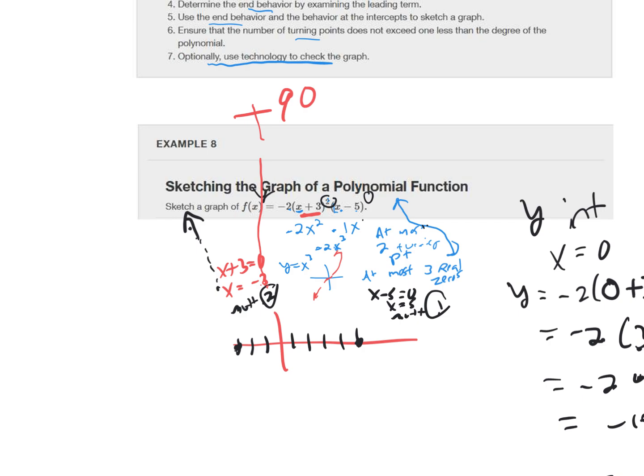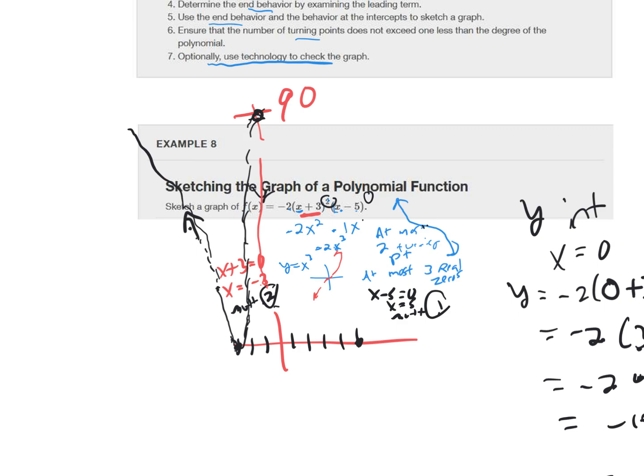If I know that it falls from the left, and I know it has to hit this negative 3, 0, and because it was a multiplicity of 2, it's even, so it has to bounce up. My guess is it has to at least bounce up so it can cross this point here. Has to cross the y-intercept. Now, I don't know if it goes through it and goes right down.